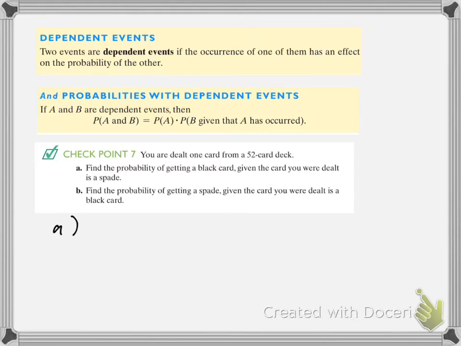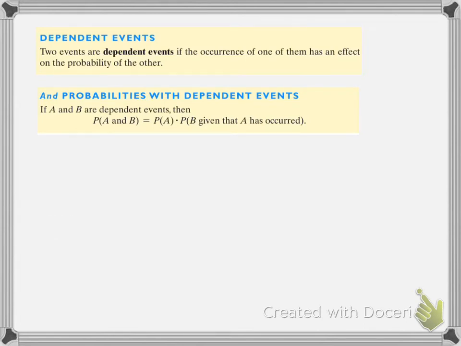Actually, this is a mistake. I'm not supposed to do this problem yet. I'm supposed to do it next. So let me erase that problem quickly, and let's get the right problem in there.